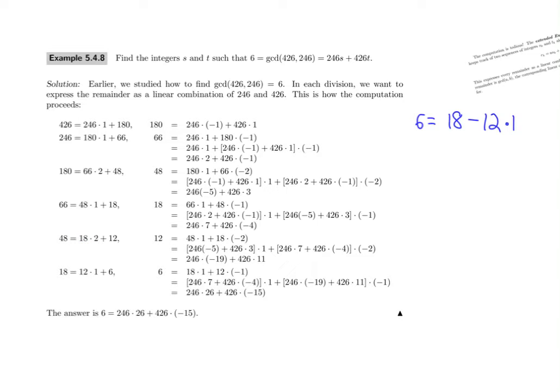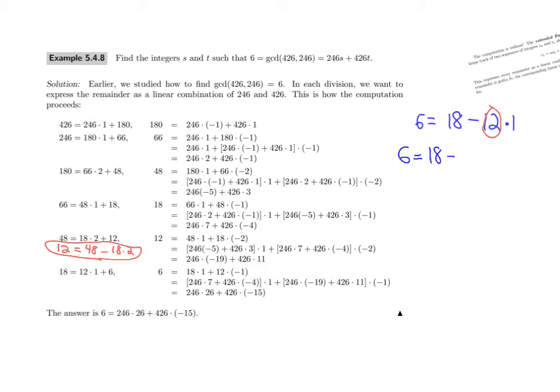And to do that, we notice that 12 is 48 minus 18 times 2.